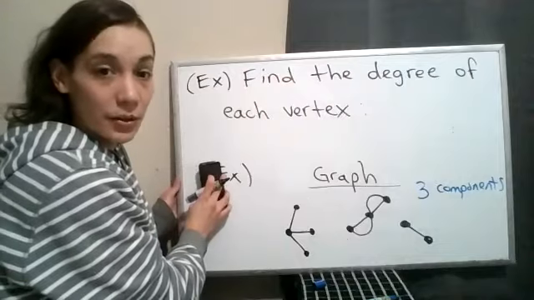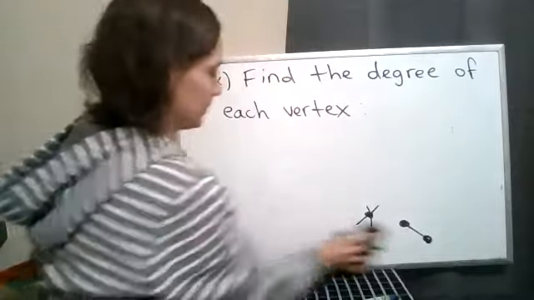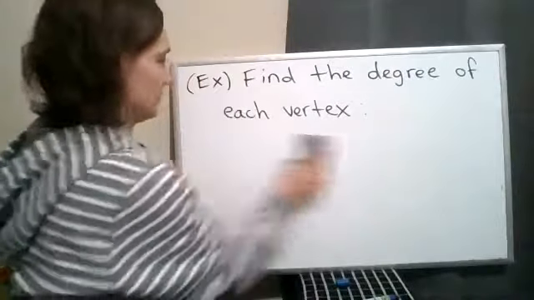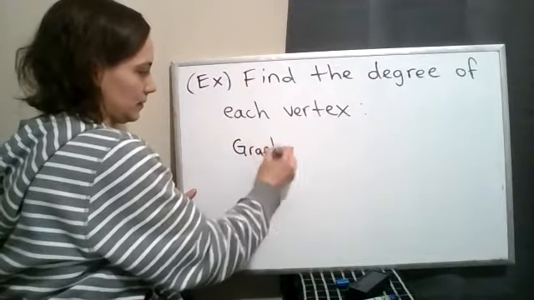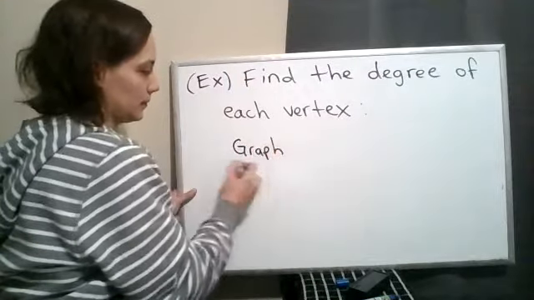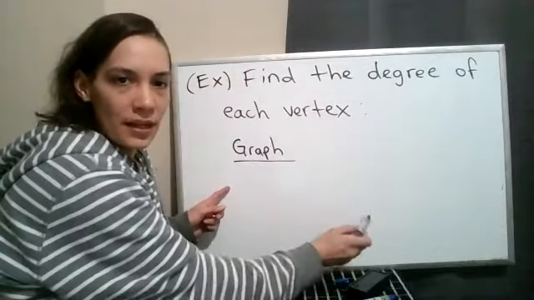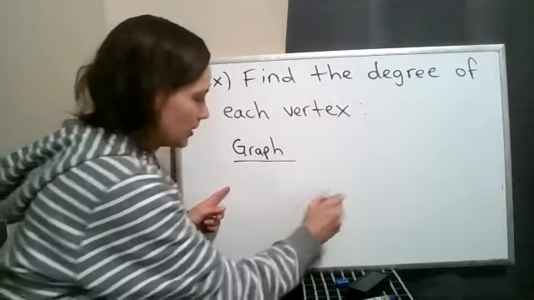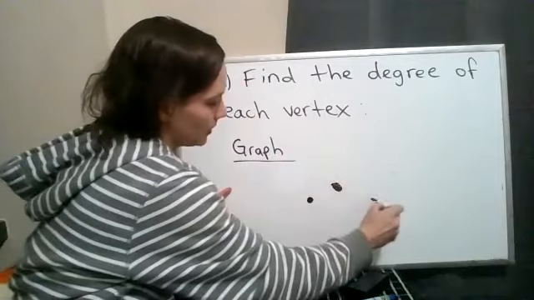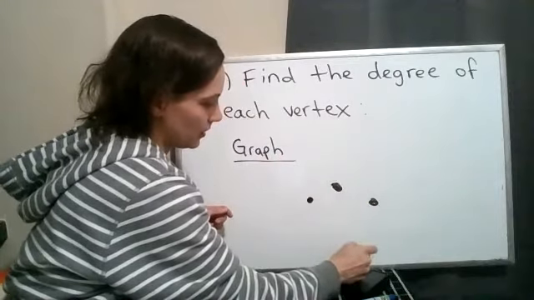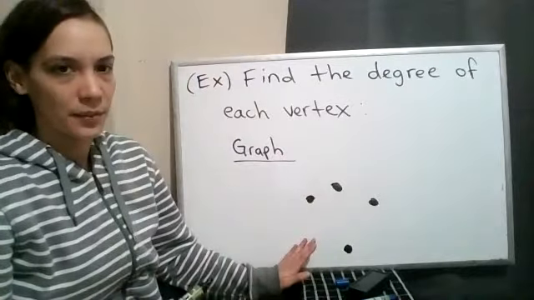Okay, so new graph. It has 3 dots and then 1 down below. So we're going to go here, here, here, here, and straight over. So 4 vertices total.